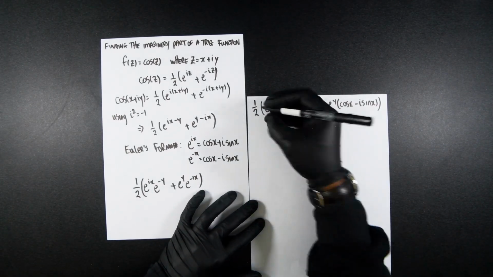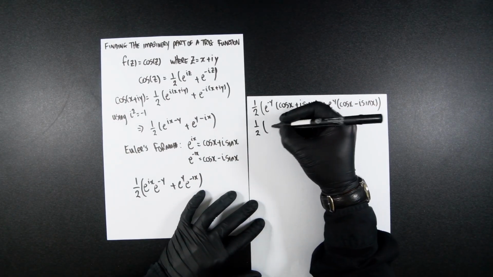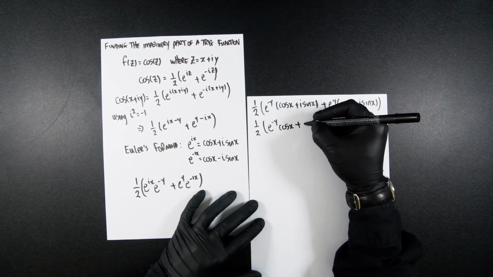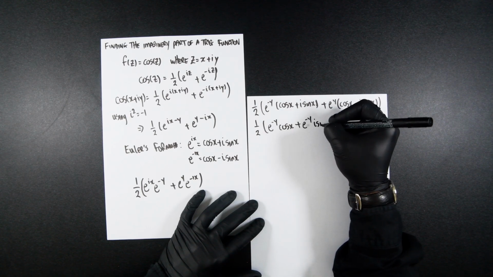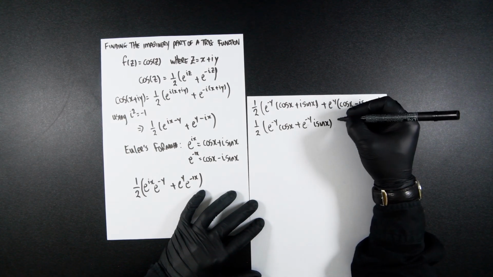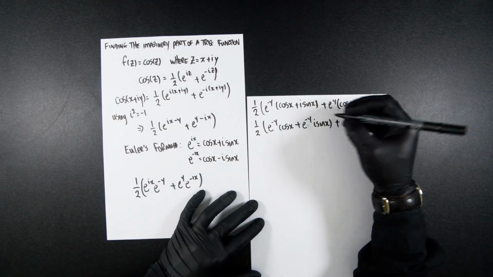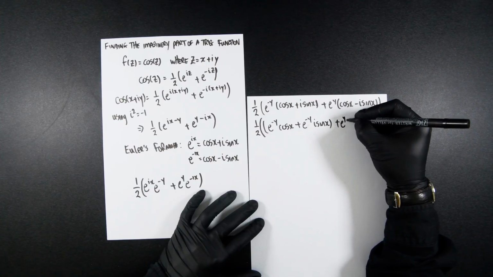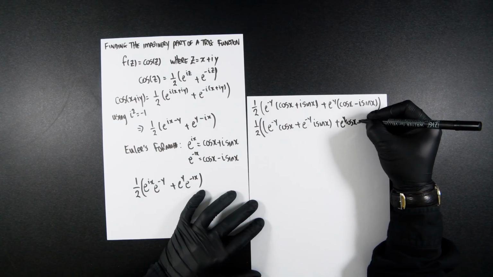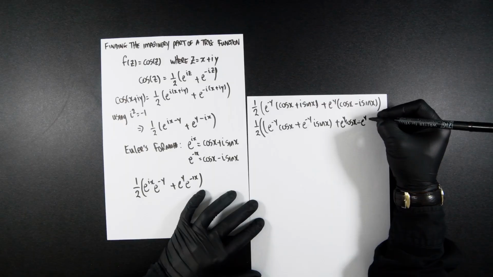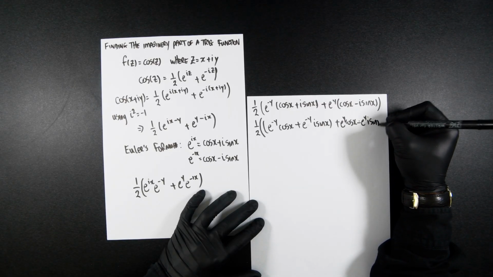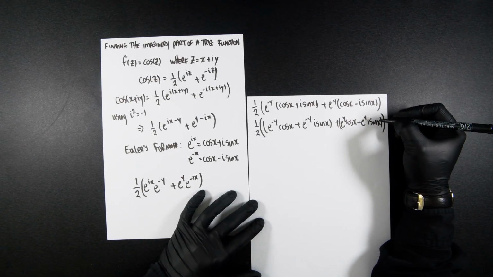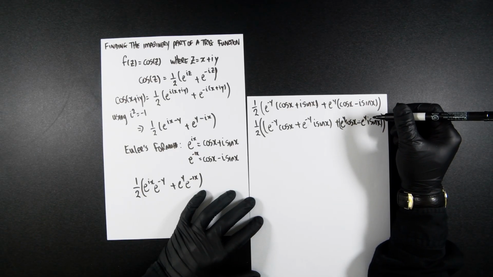We can now expand. And then you're going to get e to the minus y cos x plus e to the minus y i sin x plus e to the y cos x minus e to the y i sin x. The brackets aren't really that necessary there.